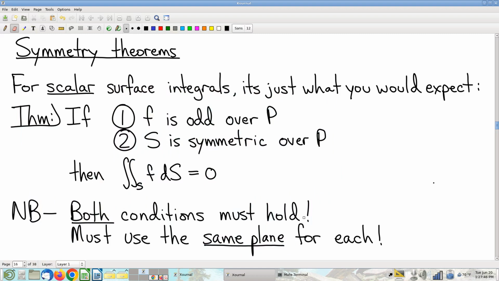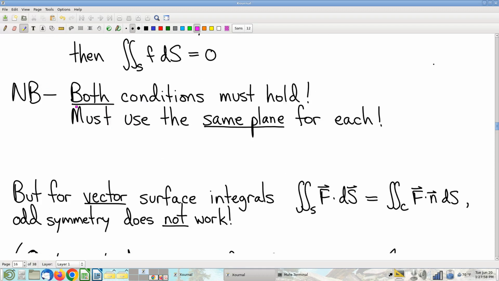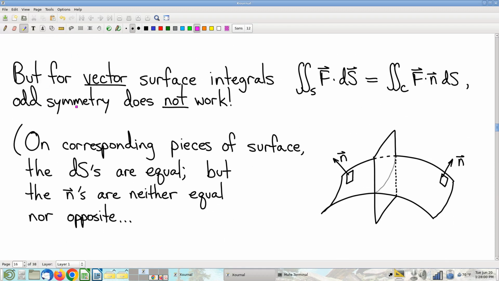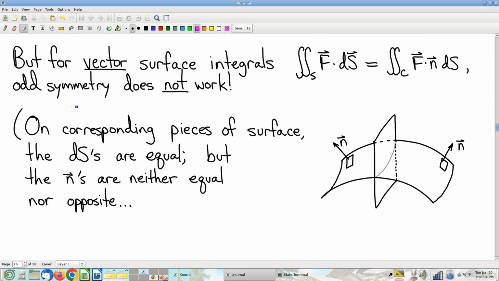Okay. Important point. This only works for scalar surface integrals. Only scalar surface integrals. There is no odd symmetry theorem for vector surface integrals, and the reason is totally analogous to why there's no odd symmetry theorem for vector line integrals. And it has to do with your orientation vector.